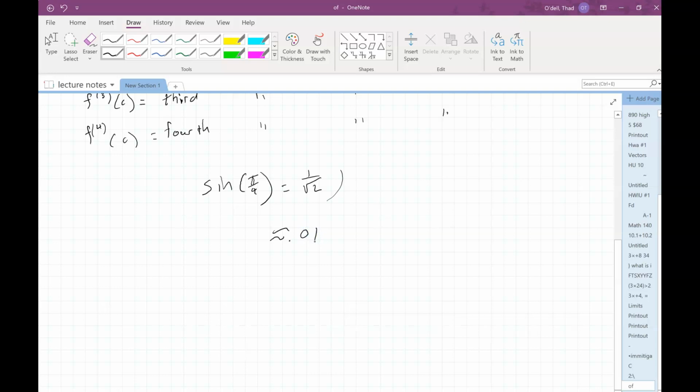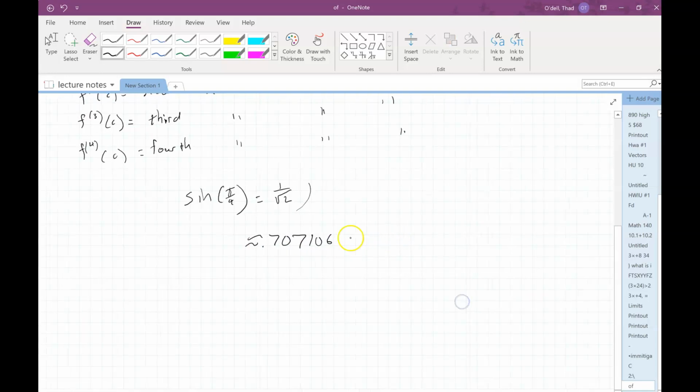Whoops, no you don't. I'm in degree mode. Let's try that again. Sine of pi divided by 4. There we go. You get 0.7071067812.